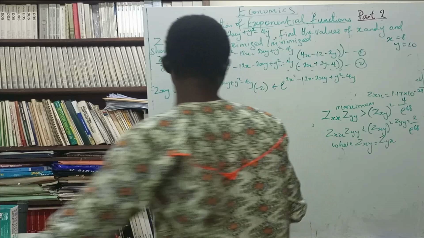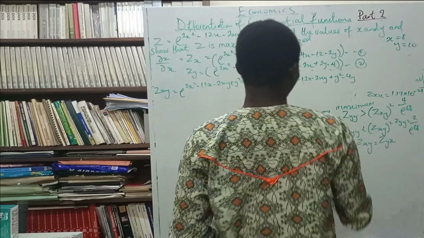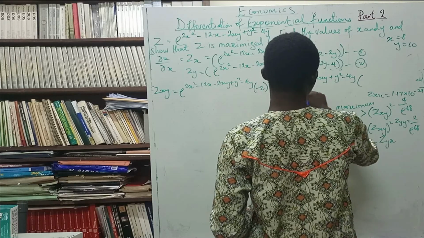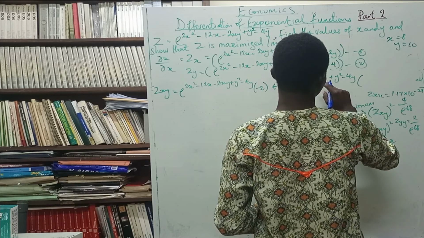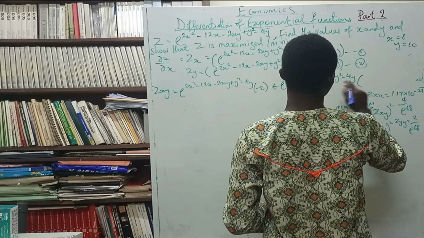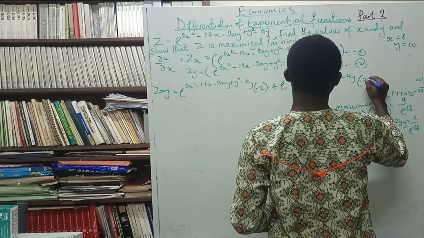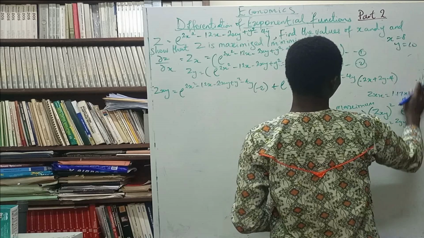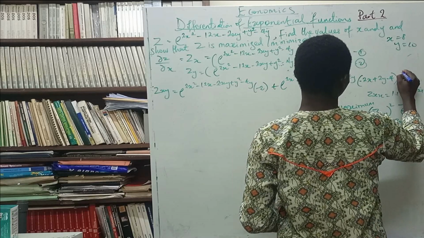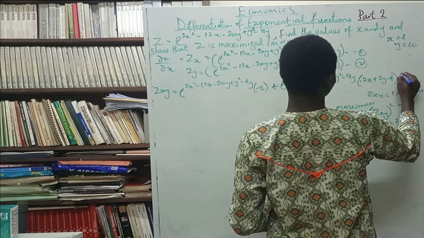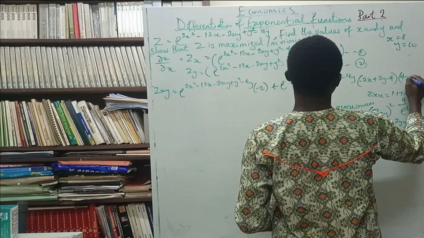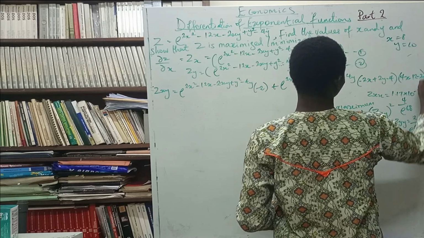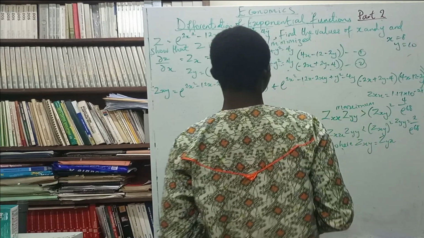So since we are differentiating with respect to y, into brackets, y is going to give us minus 2x plus 2y minus 4 plus 2x plus 2y minus 4. Okay, so into brackets 4x minus 12 minus 2y. Let's just say we have a double bracket there.